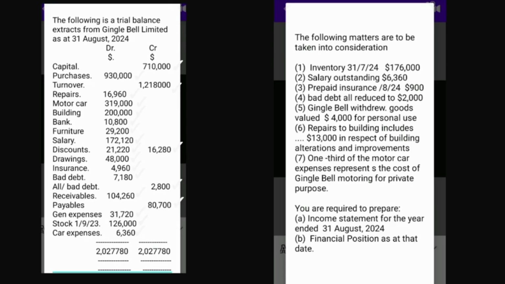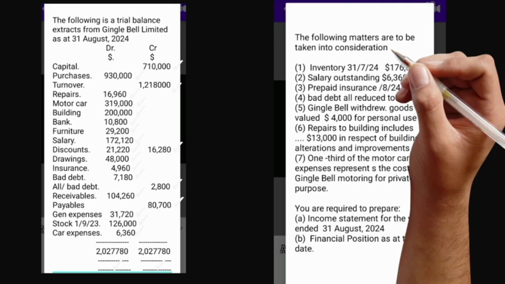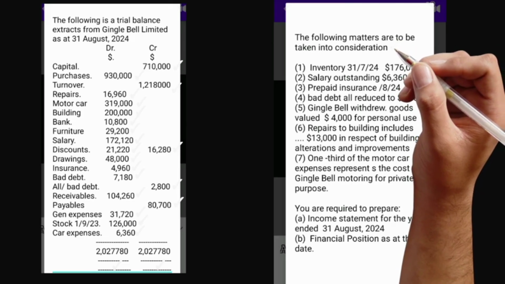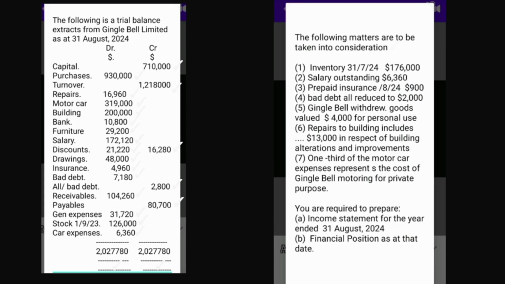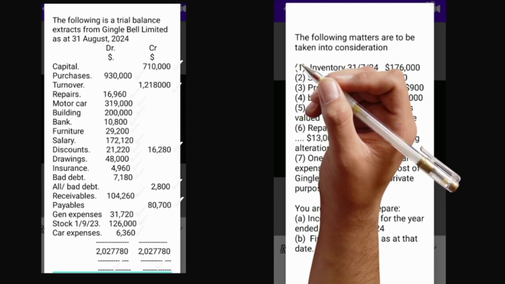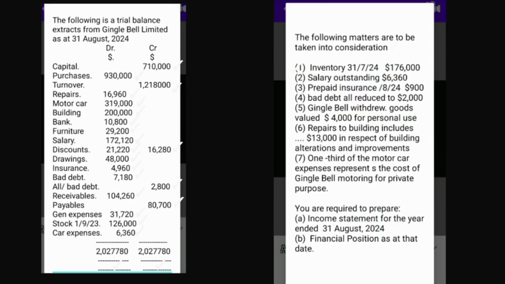General expenses is 31,720. While stock as of 1st September 2023 is 126,000. Then car expenses is 6,360. Then the total is 2,027,780 in both the debit side and the credit side.